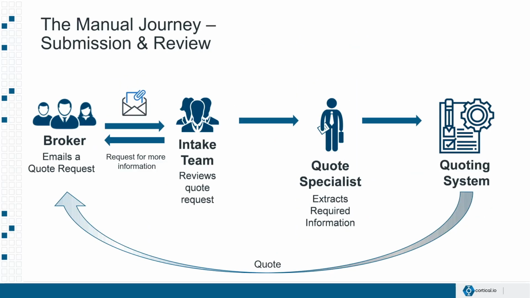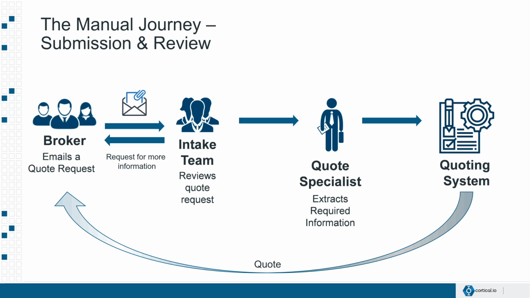So in the world of insurance, this is what the manual process looks like today. A company requests a quote from a broker. That broker puts in a request for quote and sends it out via email to multiple insurance carriers. There's going to be an intake team at the carrier that's going to review that email to see, is the information there that they need in order to provide a quote.